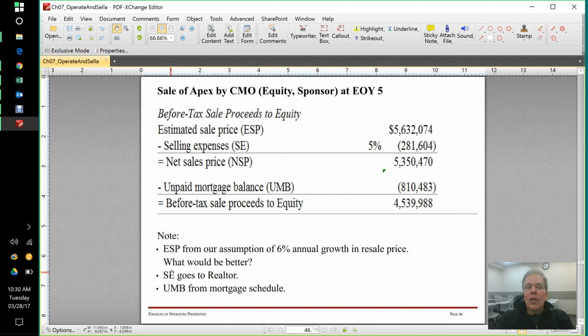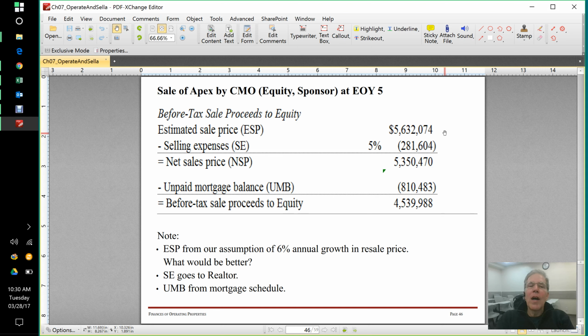In future courses, we don't have time to go into this in this class, but you'll spend a lot of time creating better methods of estimating sales price for properties in the future. So we're just going to defer our discussion on that for right now.